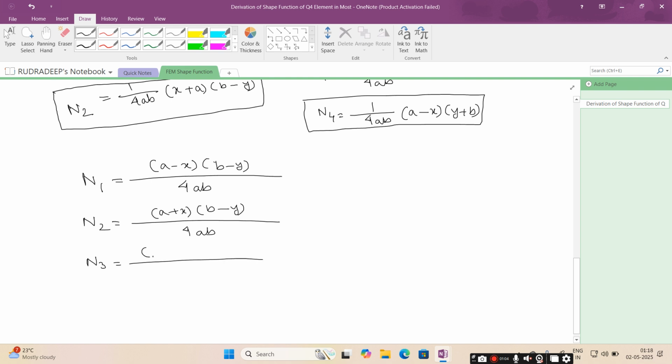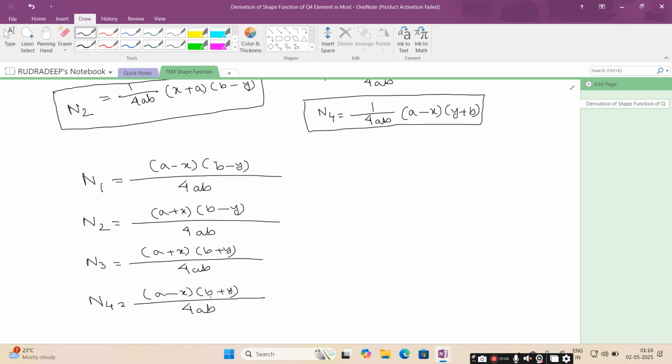N3 is a plus x into b plus y divided by 4ab. And the final one, N4, is a minus x, b plus y divided by 4ab. So these are the 4 shape functions for Q4 element.